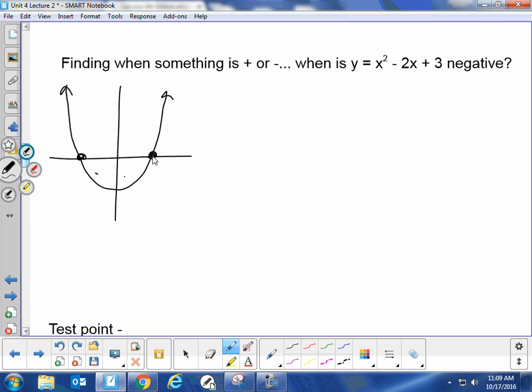So all I need to know is really my zeros and then the sign of 1, 2, 3 points, and I'll know the sign of all of my points of my function. Okay? So if I'm asking you to find when something is negative, find the zeros. Test around it.